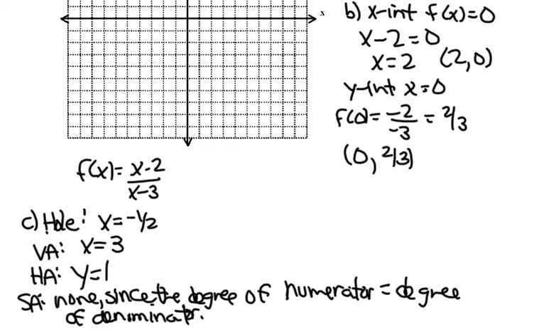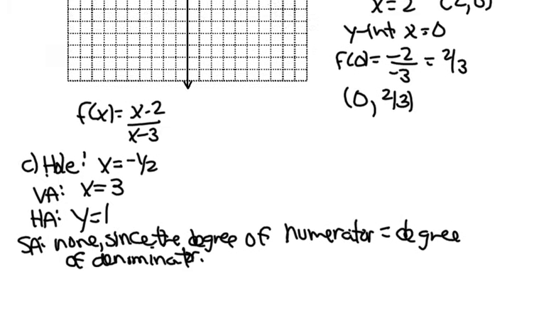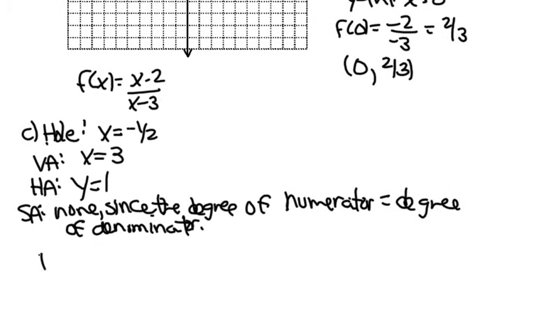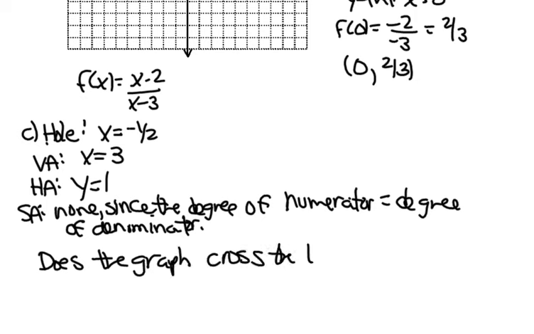Okay, now the only other thing that we need to check in this particular case is, does the graph cross the horizontal asymptote? Now remember, in the last example it did, so it's very important that we check this. Well, y is equal to f of x, and we also know the horizontal asymptote is y equal to 1.